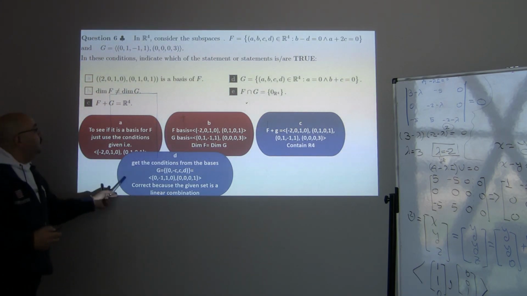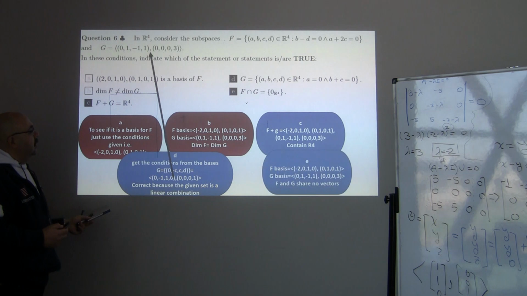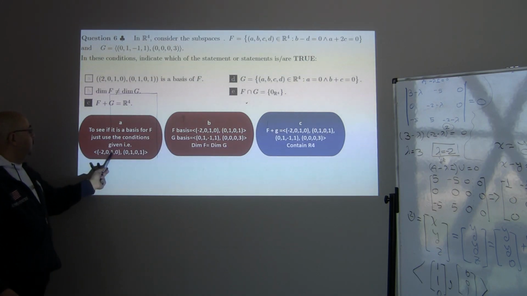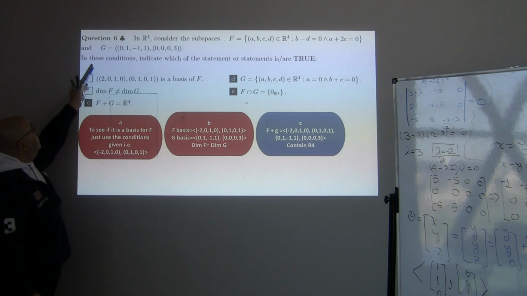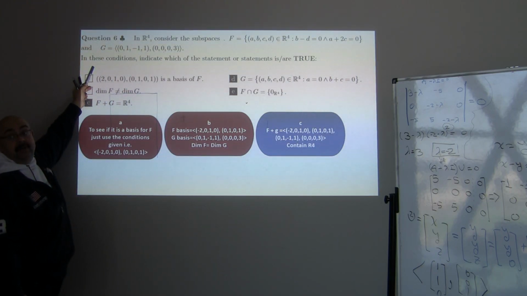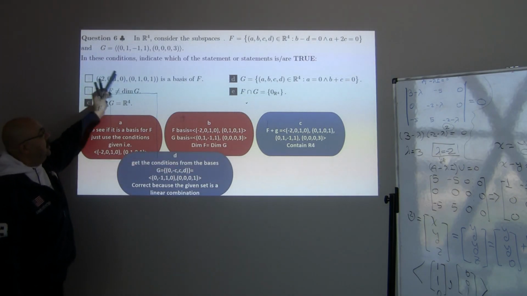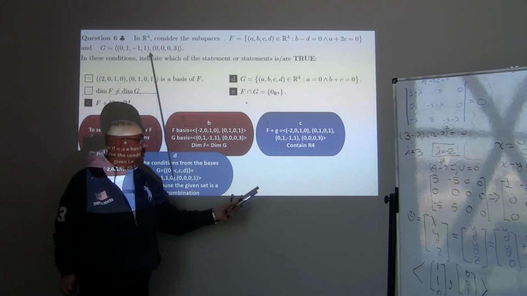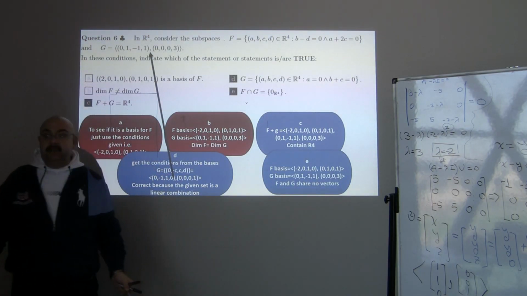Okay، يبقى ده مظبوط. The last one: F intersection G equal to 0. معاك الـ basis، دي الـ basis بتاعت F ودي الـ basis بتاعت G. حضرتك شايف أي intersection؟ Do you see common vectors? There is no common vectors. يبقى على طول F intersection G يساوي 0, which makes complete sense.